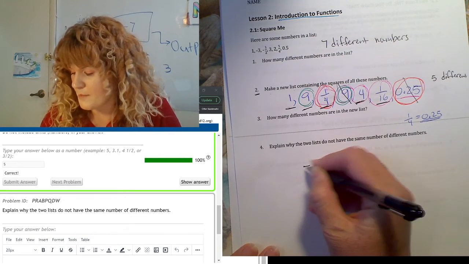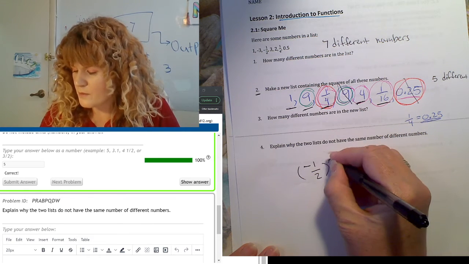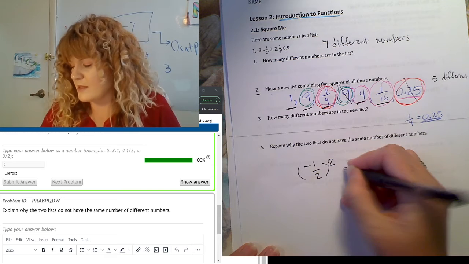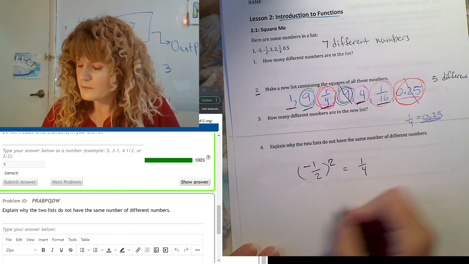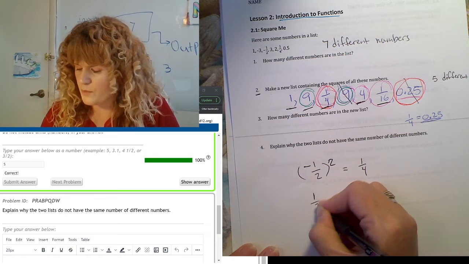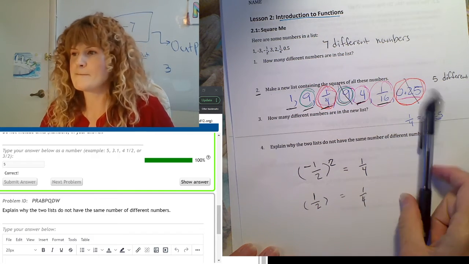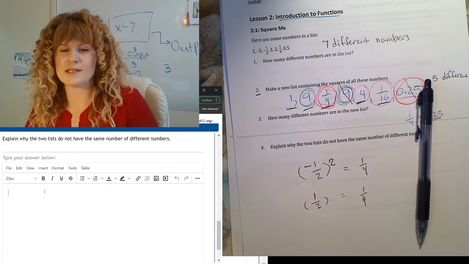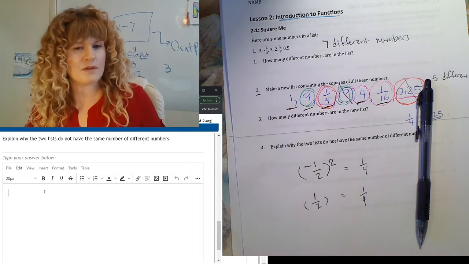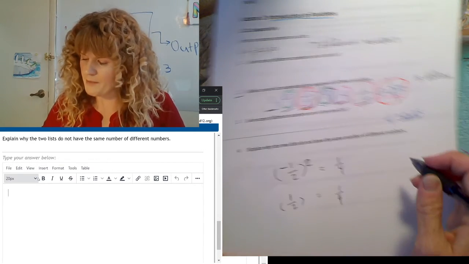Let me give you an example. Negative 1/2 squared. Remember, a negative times a negative equals a positive answer. And if you had positive 1/2 squared, it would give you the same answer. So there are fewer numbers on the second list. Go ahead and reach over to your computer and type that in. I'll write it on my paper.